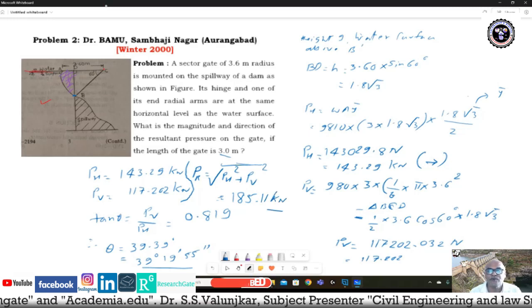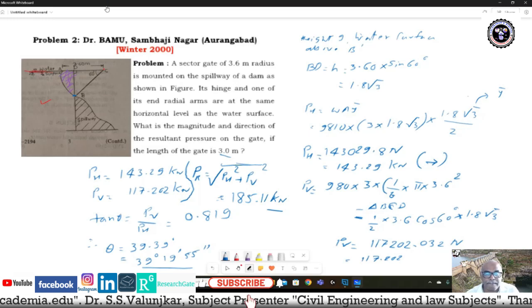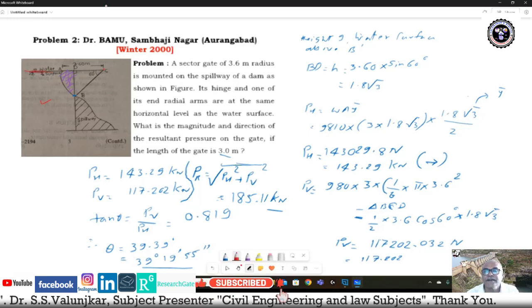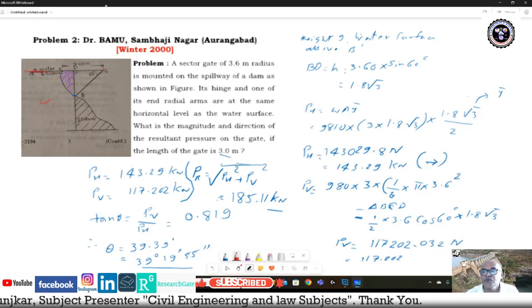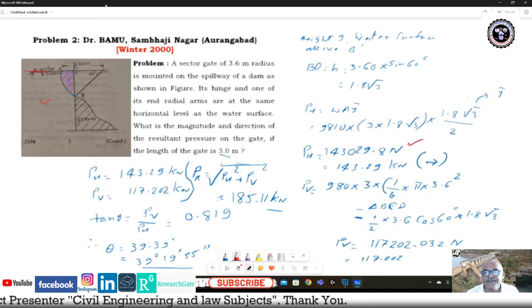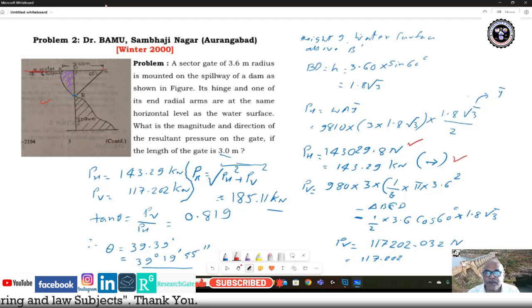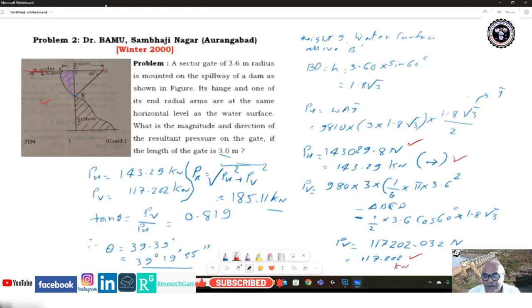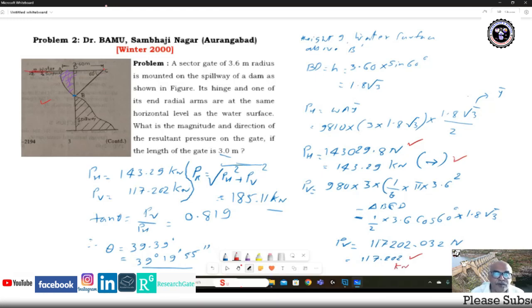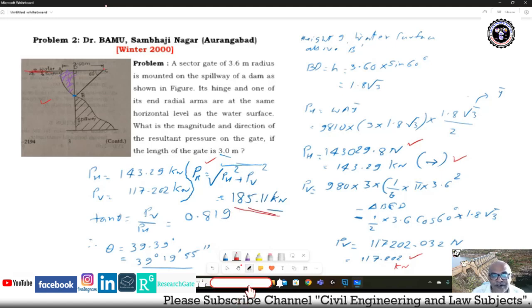So what values did we get? Once again we'll check it here. First of all, we found the pH value as 143.29, and the PV value as 117.202 kilonewton. Then we found PR, the resultant pressure, the square root of pH square plus PV square, which is 185.11 kilonewton.